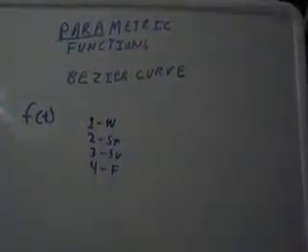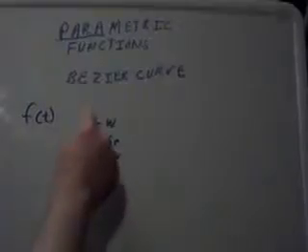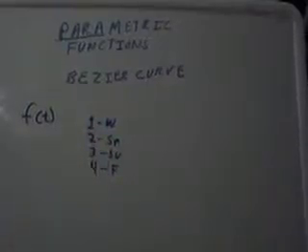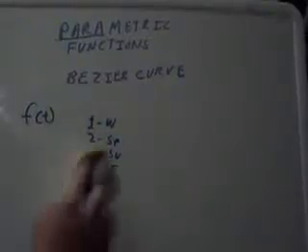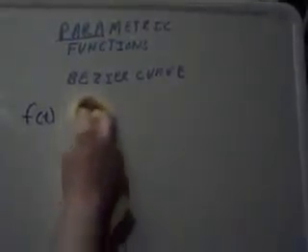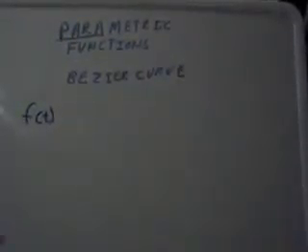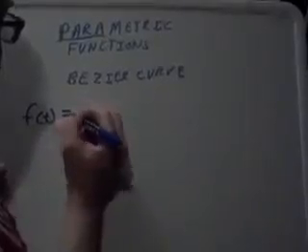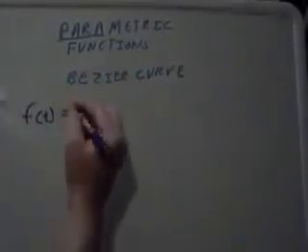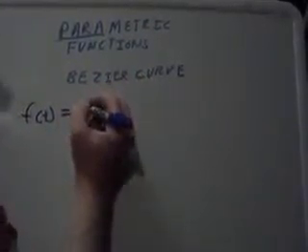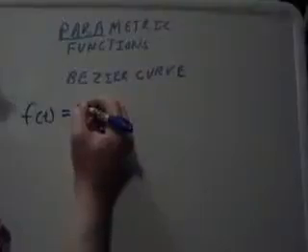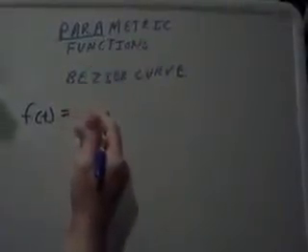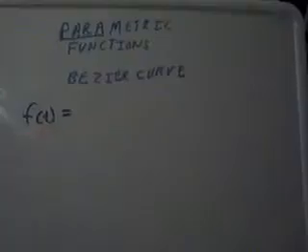So anyway, let's just simplify this. We know that 1 is winter, 2 is spring, 3 is summer, and 4 is fall. Let's say that the F of T, in this particular case, is... and this is a poor illustration.